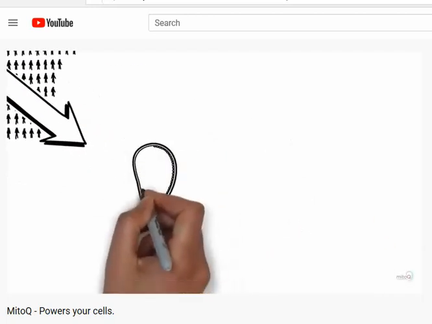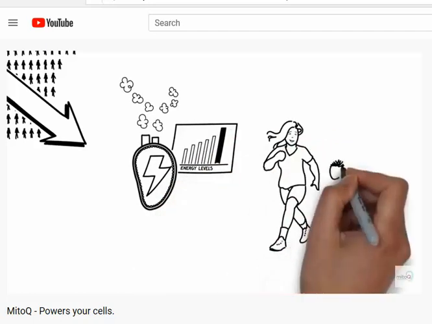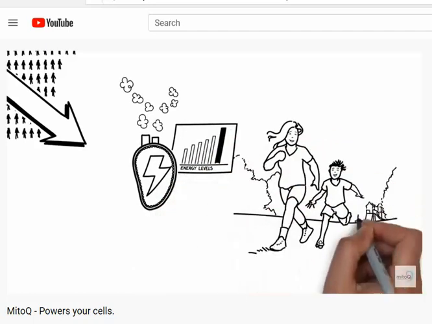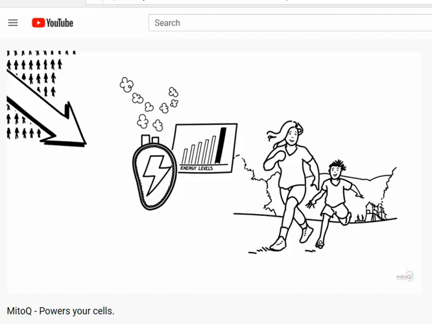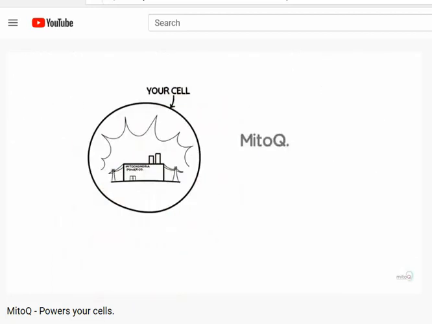When mitochondria are under less stress, energy production returns to optimum levels. Your cells become revitalized and rejuvenated, so you can live your best life possible. MitoQ powers your cells.